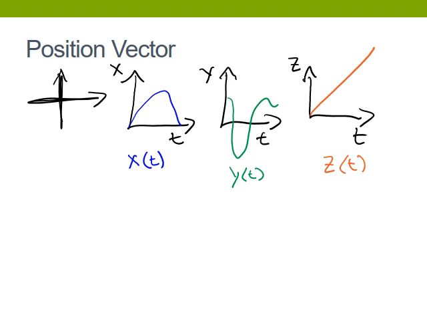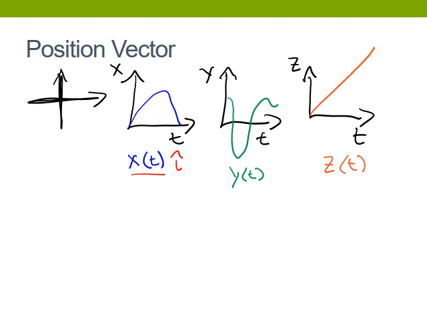However, the thing to remember is that the way we've written them, these are scalar functions, but these really aren't scalars, right? These are positions. They have direction. And so we need to remind ourselves that these are vectors. We do that by using the unit vectors. So this isn't just x of t, this is x of t i hat. The i hat is the unit vector in the x direction.